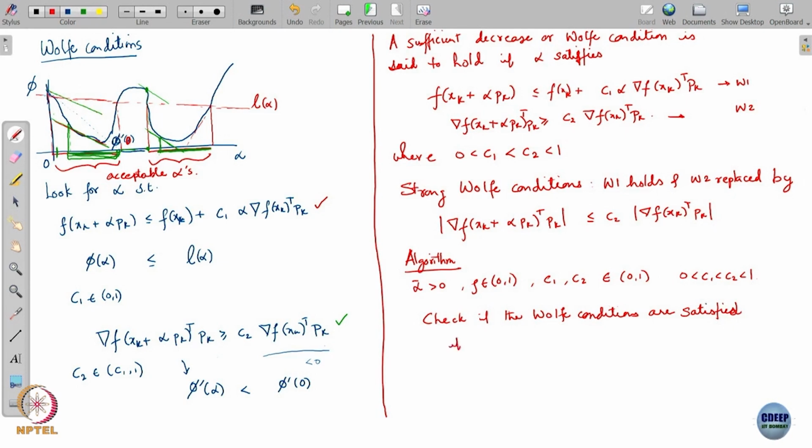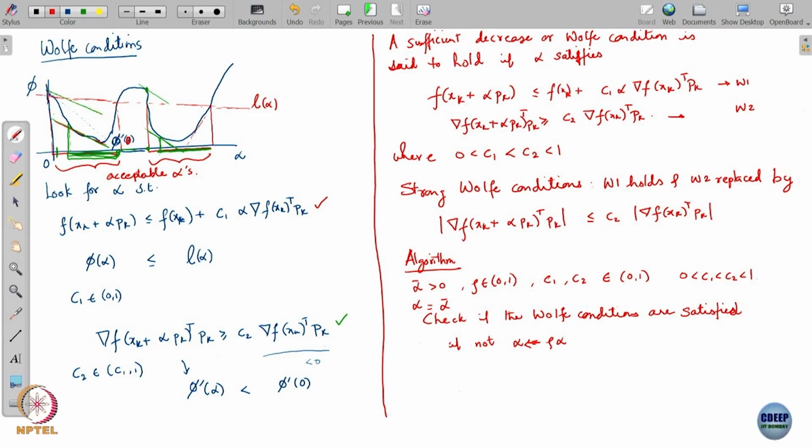If not, you try an alpha. You initialize alpha equal to some alpha bar. If not, change alpha to rho times alpha. So, what you are doing is you start with a large enough alpha, and then you keep backtracking to see whether your Wolfe conditions are satisfied. You can keep repeating this until eventually the Wolfe conditions are satisfied.